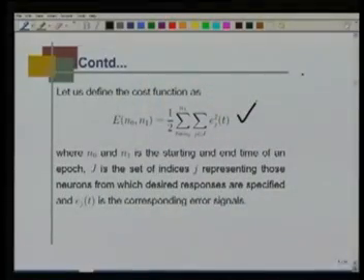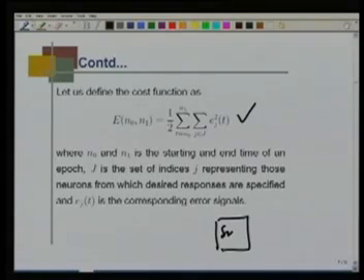And then we define as usual a cost function, which is the instantaneous error at individual nodes, summed over all the nodes, and also over time steps. As you see, our cost function in this particular case is a kind of batch update cost function, because back propagation through time is an offline technique.